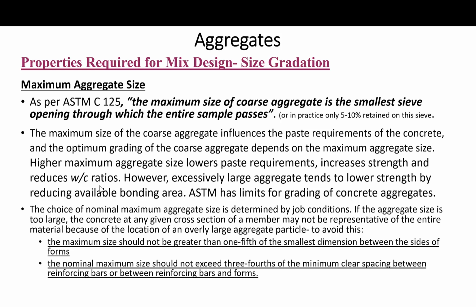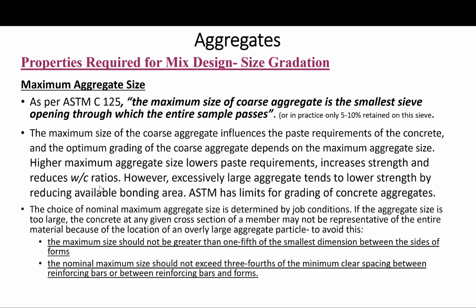Large aggregate particles may also get obstructed at narrow openings between reinforcing bars. So again, we have to take some precautions, or certain measures need to be taken. Or between bars and formwork, which is the clear spacing from the formwork to the bar. By this, they will cause undesirable segregation during placement.